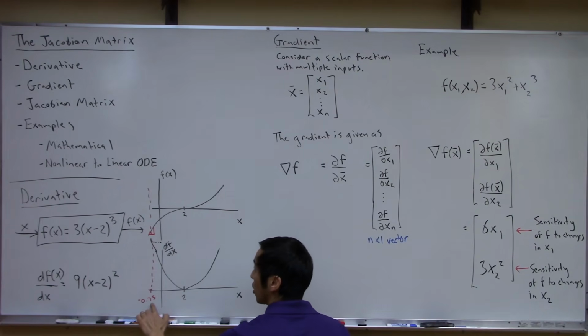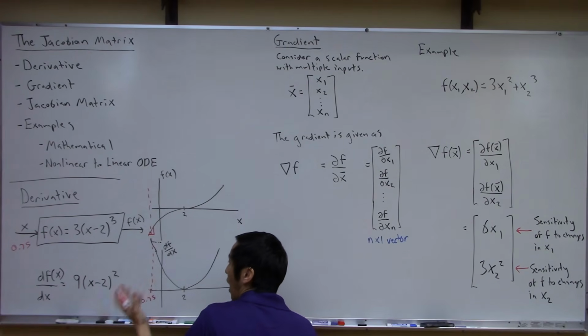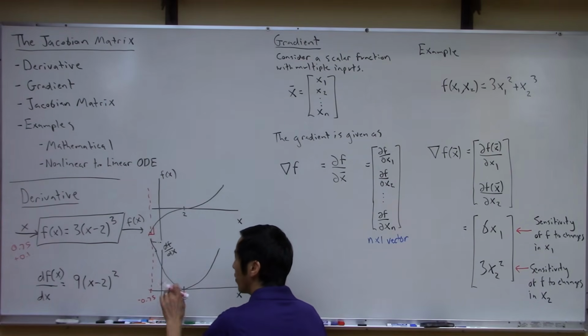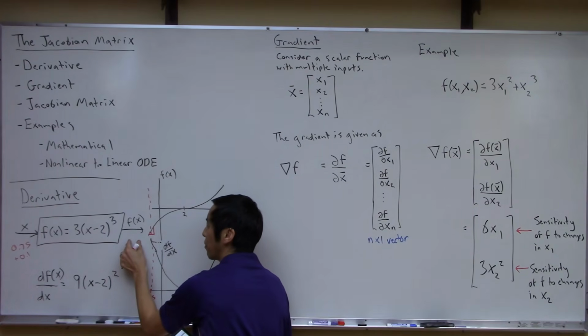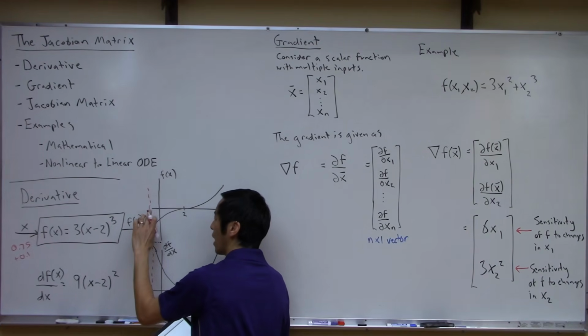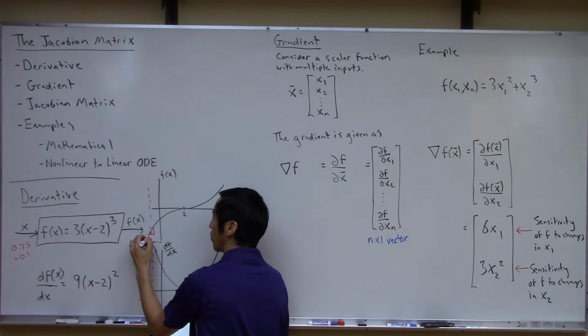So if I'm sitting here, if the input to this function is 0.75, and now I perturb it by some little amount, like let's add on a 0.1, what this derivative is telling me is how much this perturbation is basically amplified in the output. Because this little 0.1 perturbation here is going to result in some type of perturbation in the output. So it's basically a specific run is going to produce a rise.